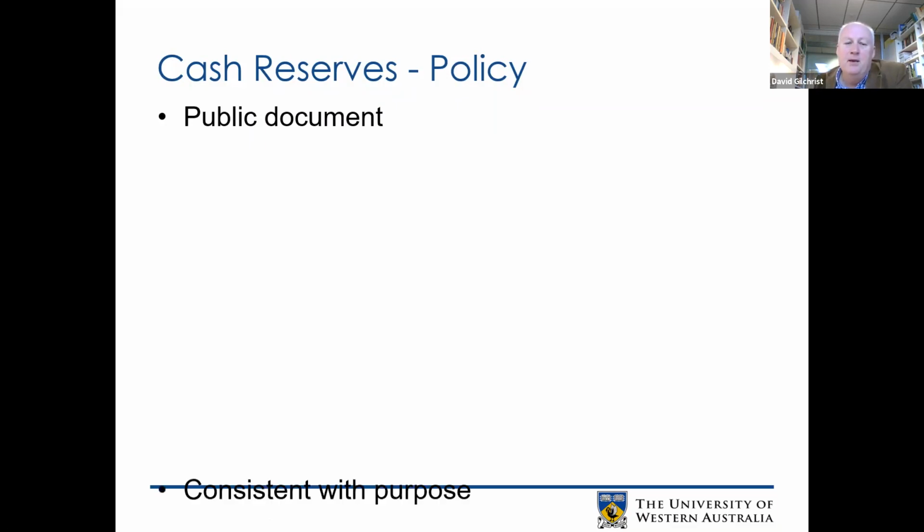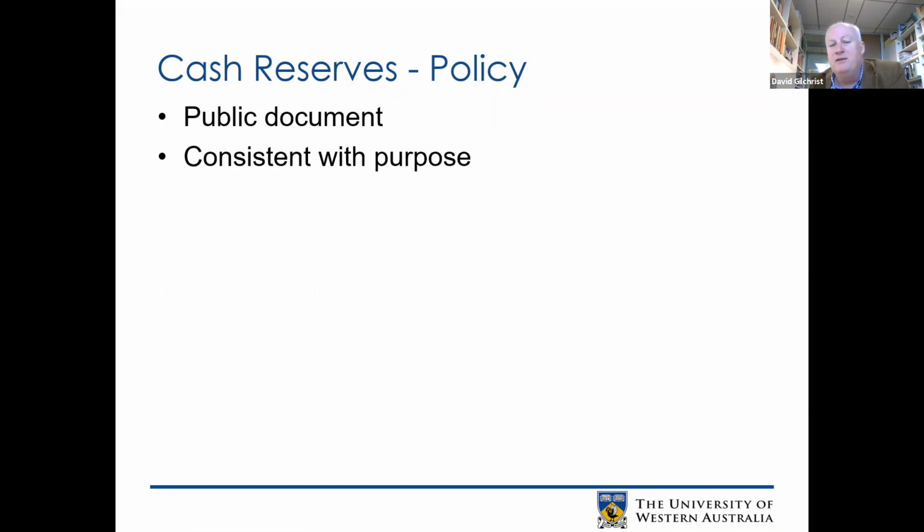The other thing that a cash reserve policy does is ensure that the cash is used in a way that's consistent with its intended purpose. That is, those charged with governance can feel confident that the cash is only used for its purpose in accumulation. And that might be in relation to a new policy or framework or program, or it might be just in relation to cash backing employee entitlements, as I mentioned before.